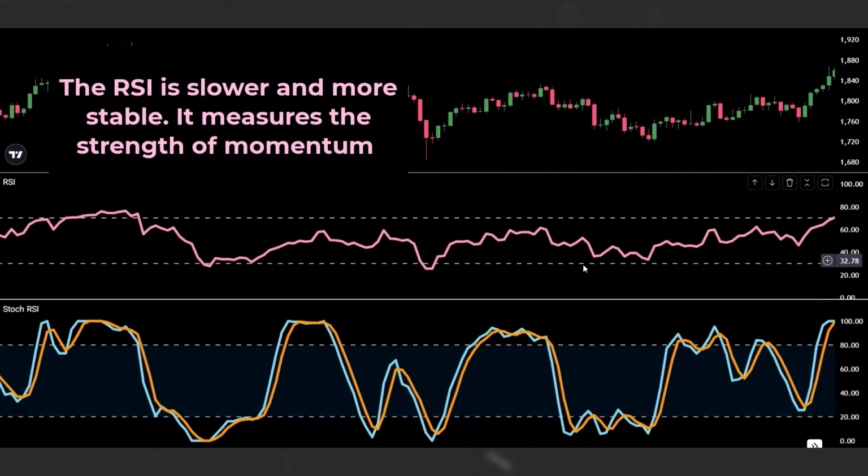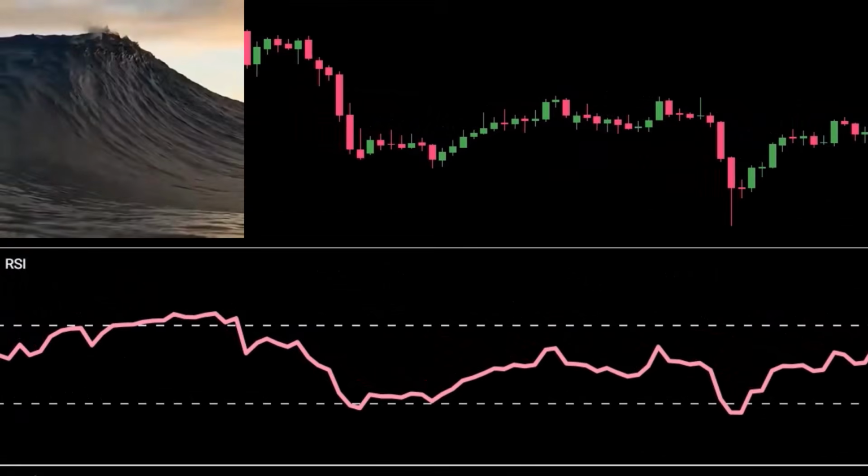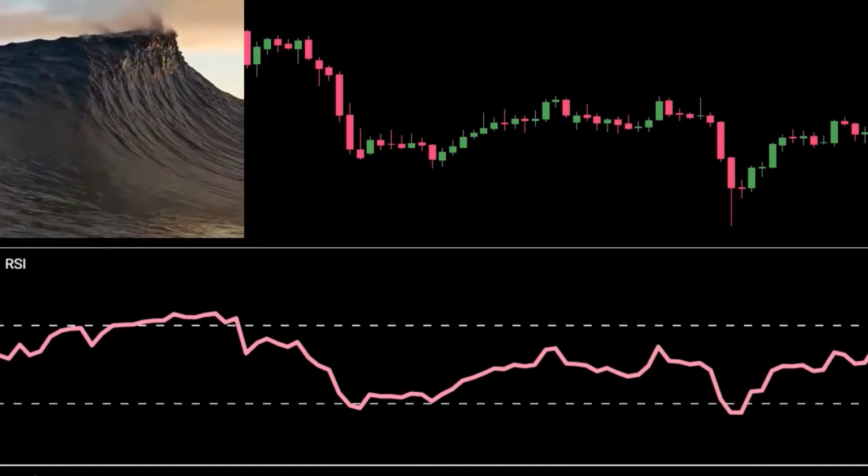It measures the strength of momentum, whether the market is gaining strength or losing it. But the stochastic RSI is faster and more sensitive. It reacts to smaller changes inside RSI, so it gives us timing signals, small moments when momentum starts to shift. Think of it like this. RSI is like watching the big waves of the ocean.